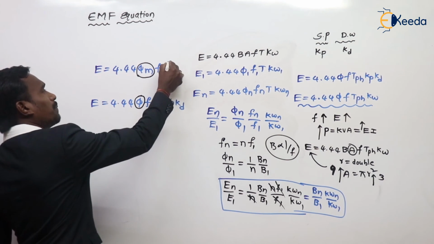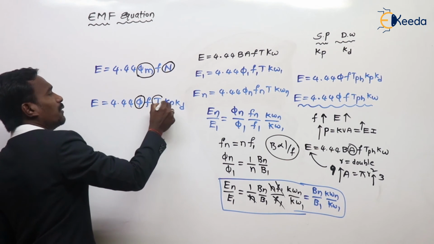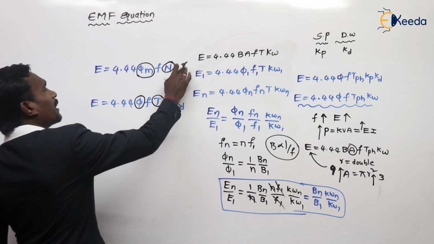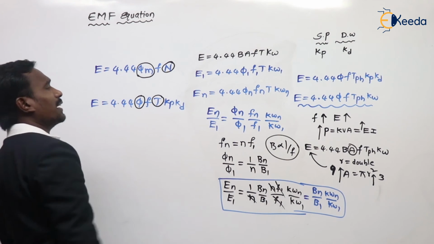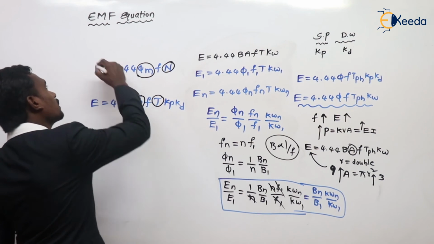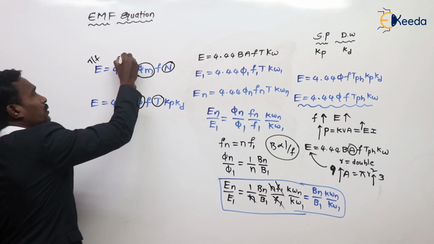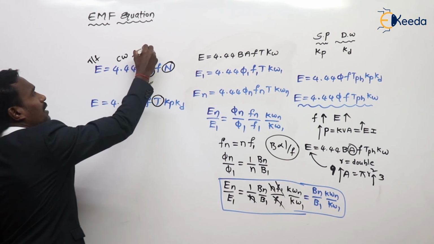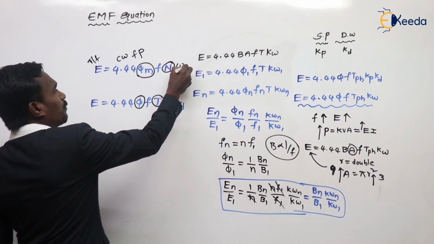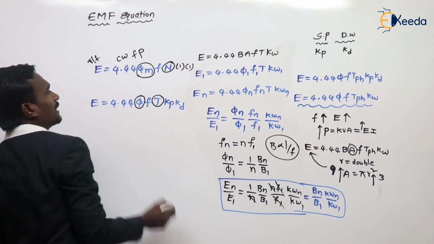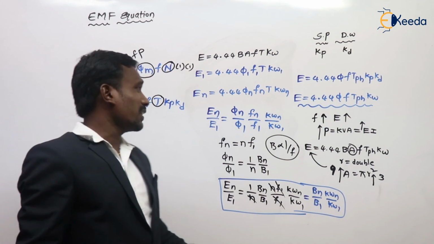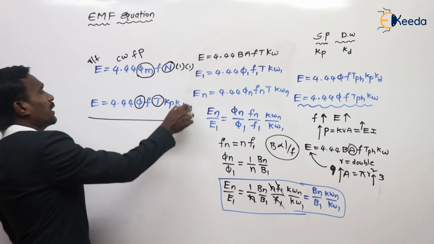In a transformer the number of turns is N, here it is T, these are both the same. But there is no Kp, Kd there, while here we have Kp and Kd. Sir, why not there? Because in a transformer we use full pitch concentrated winding. For full pitch winding Kp is 1, for concentrated winding Kd is 1, that's why there is no need to write them. That is the difference between these two EMF equations.